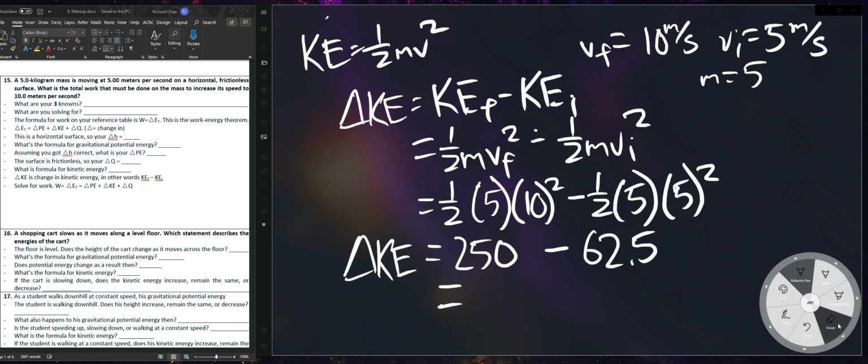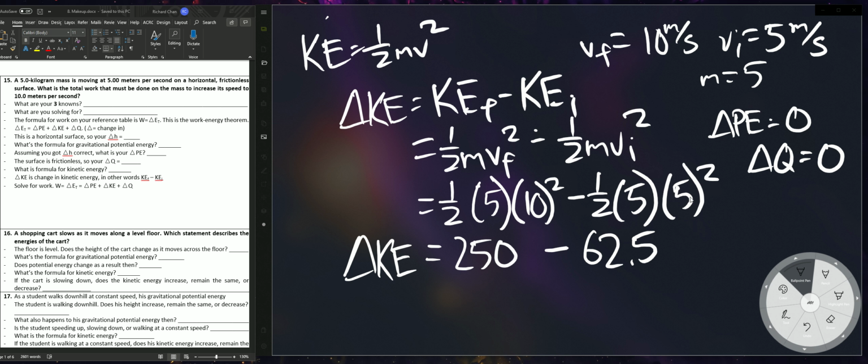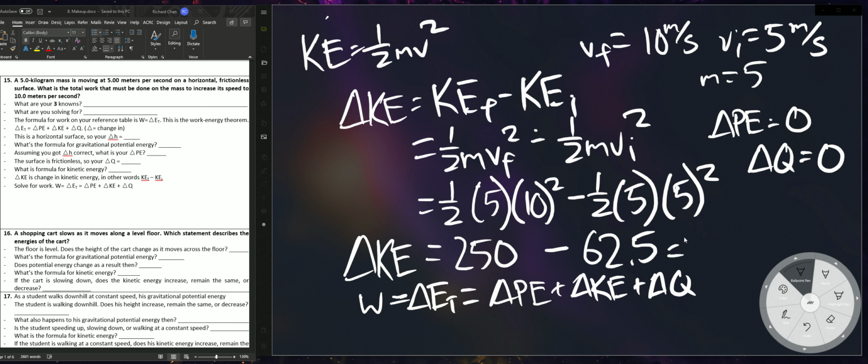We also established previously that your change in potential energy is 0, and that your change in internal energy is 0. My work is delta ET, which is equal to change in PE plus change in KE plus change in Q. That comes out to 187.5.